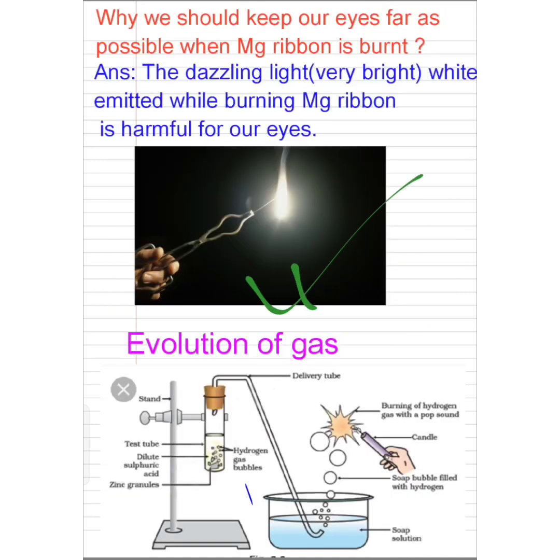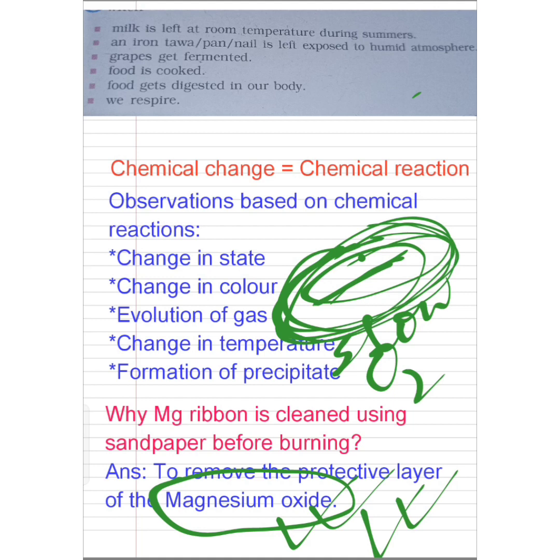See, we are burning the magnesium ribbon in presence of oxygen. So what we were doing? We were burning the magnesium ribbon in presence of oxygen. If the magnesium oxide layer is present at the surface of the magnesium metal or the ribbon, then it will not allow any more reaction of the oxygen with magnesium, because the magnesium metal is present inside the layer of magnesium oxide, right?